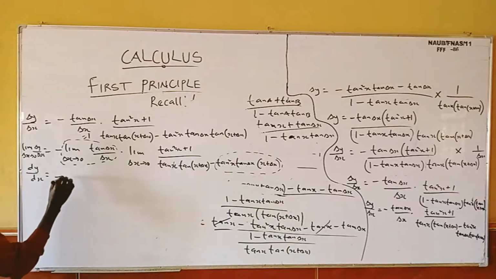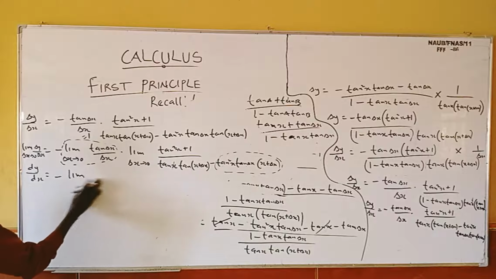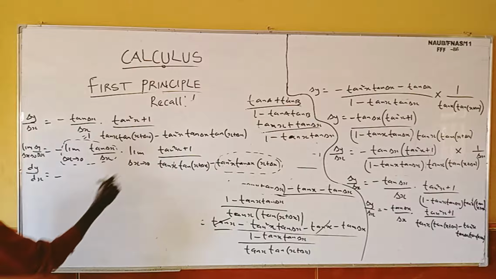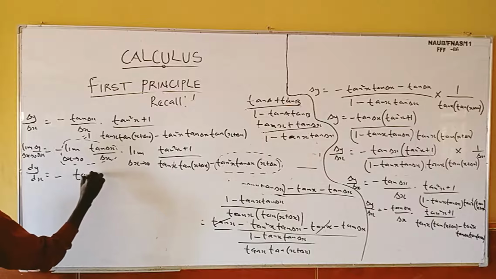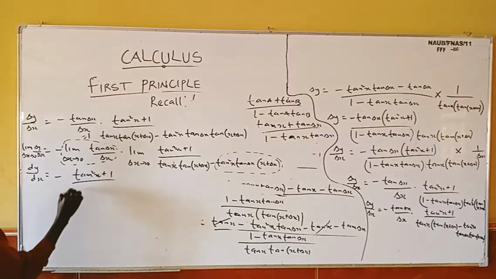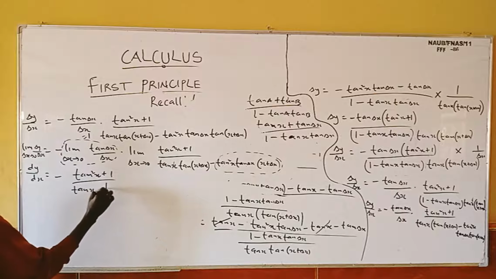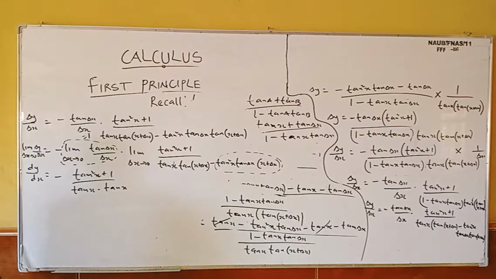So now I'll be left with tan square s plus 1 over tan s multiplied by tan s, and you know that the numerator is nothing but sec square s.